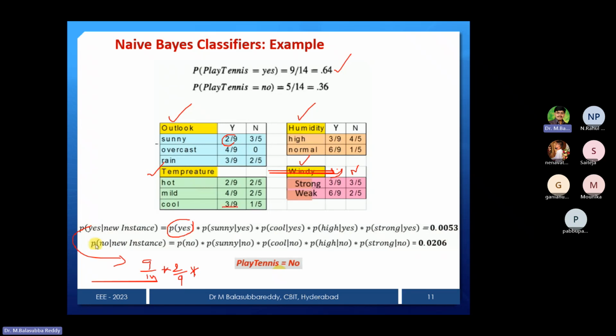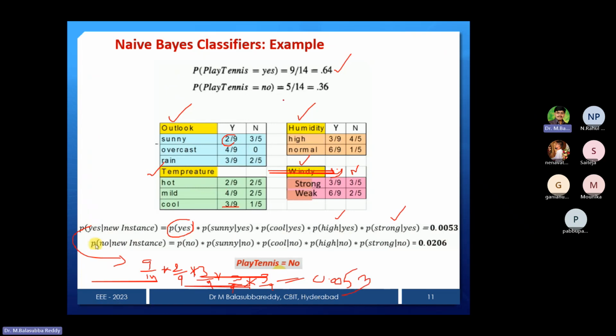So there is a cool yes 3 by 9 and multiplied with high. Temperature humidity is high. That is yes 3 by 9 and strong 3 by 9. That's it. That is equal to, you got it, 0.053.